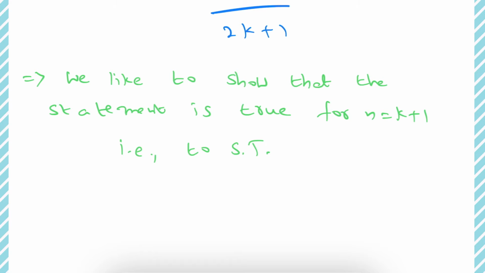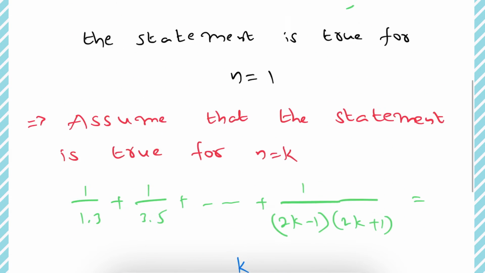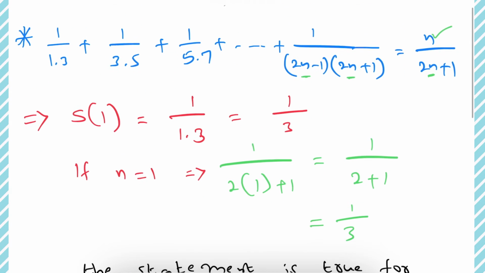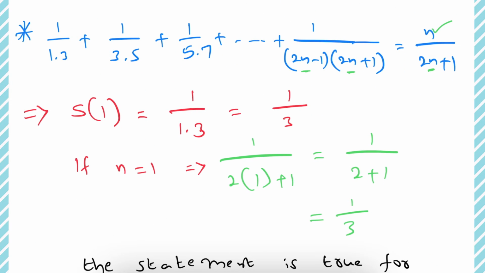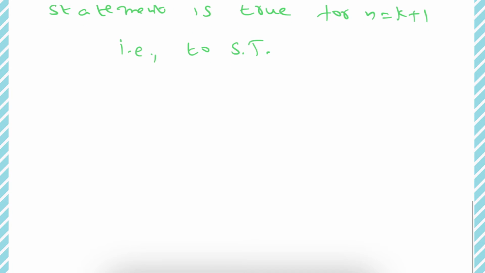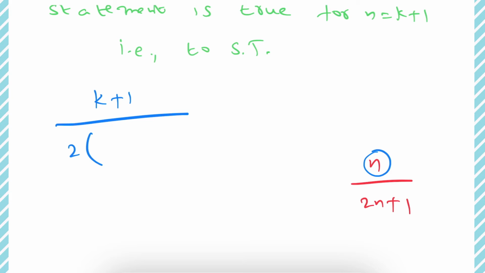Now in the given formula, in the place of n, we need to substitute k plus 1. We have the formula n by 2n plus 1. For remembering, I'll write it here, that formula n by 2n plus 1. So wherever we have n, in the place of n, we need to substitute k plus 1. Substituting k plus 1 divided by 2 into, in the place of n, k plus 1 as it is.